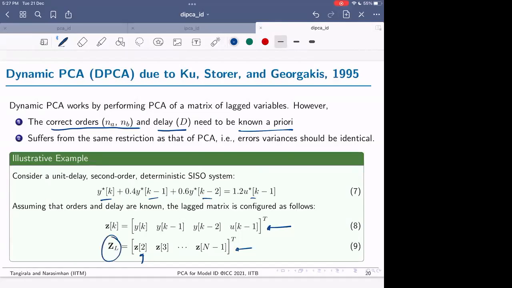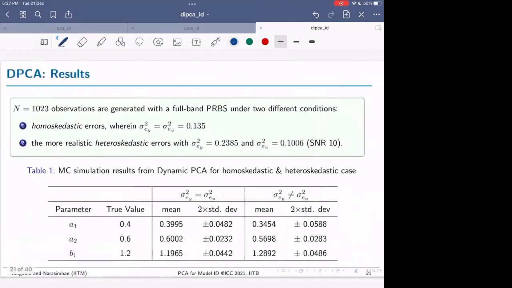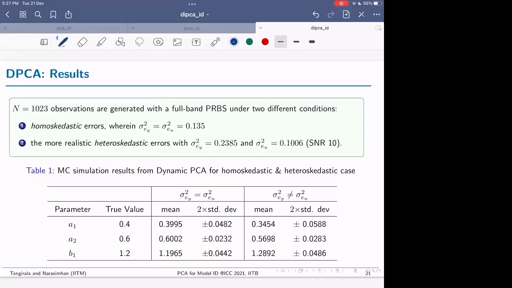Once you have this Z, you apply PCA on this because there is only one constraint among the relations, and if it is a homoscedastic case, you will essentially apply what is known as the last principal component analysis. You know there is only one constraint. So you look at the eigenvector corresponding to the last eigenvalue and get the coefficients.